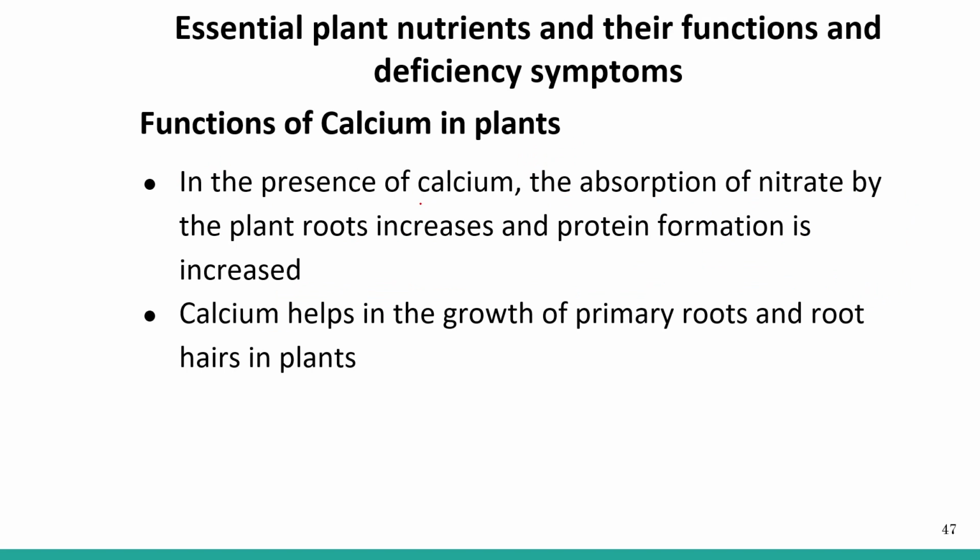In the presence of calcium, the absorption of nitrate by the plant root increases and the protein formation is also increased, right? So the presence of calcium is important for the absorption of nitrate. Nitrate is available in the soil, but if calcium is not present in the plant, then its absorption will be affected.